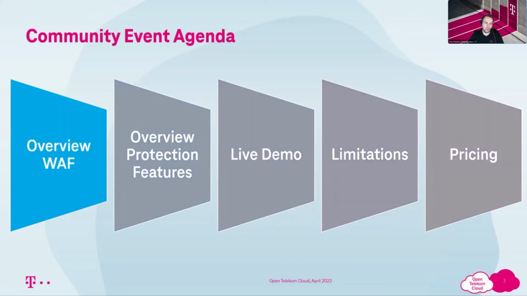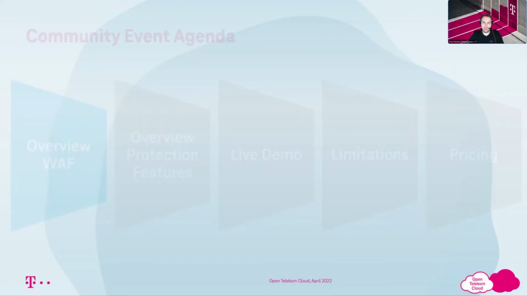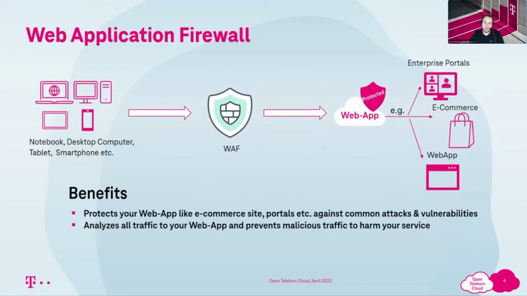We will start with the overview of the Web Application Firewall. Just as a brief overview, what is it? The Web Application Firewall is a firewall you place in between your clients and your web applications. Your web applications could be an enterprise portal, e-commerce like a web shop, but also custom web applications you have developed.